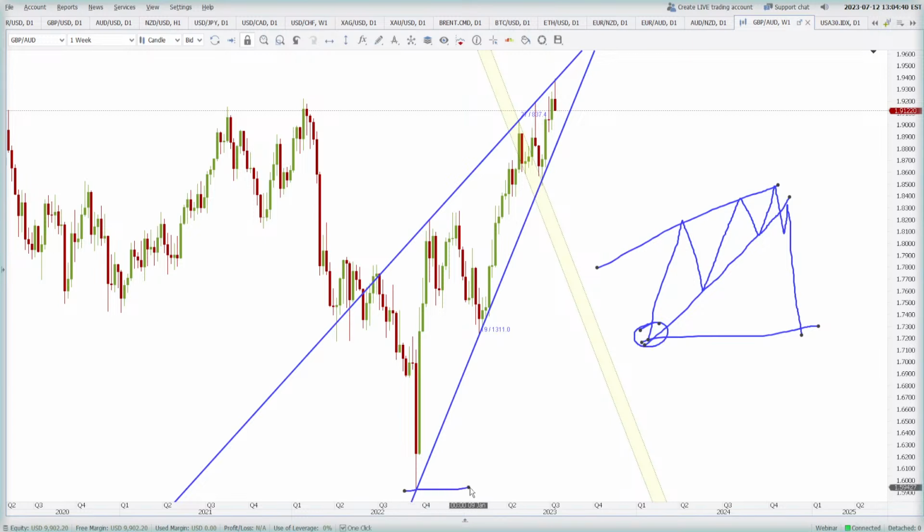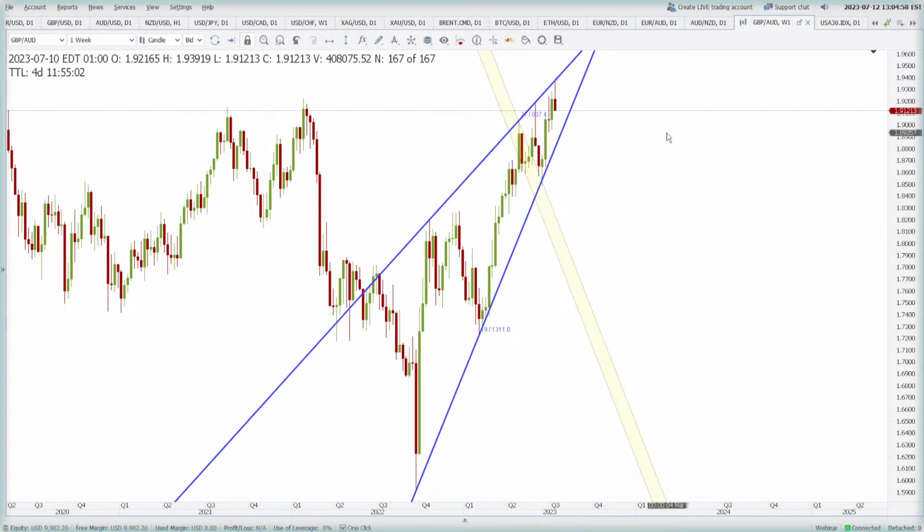So this will become a valid low. If the price falls from here like this, then you can actually sell this market after a retest of the recent resistance after breakdown. Okay, this is a potential movement of the GBP against the Australian dollar.